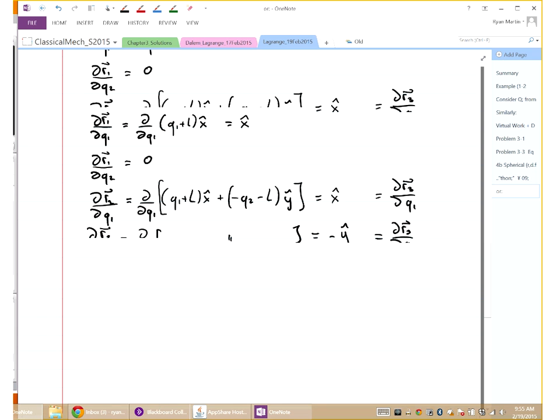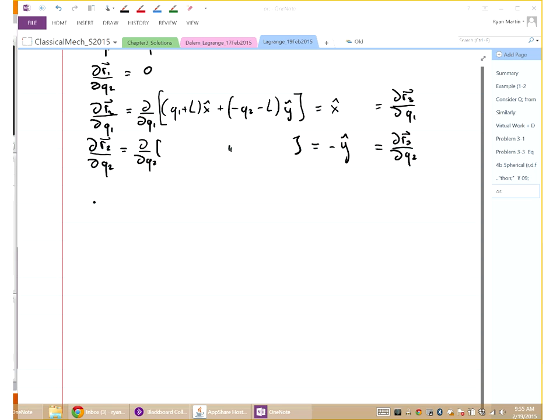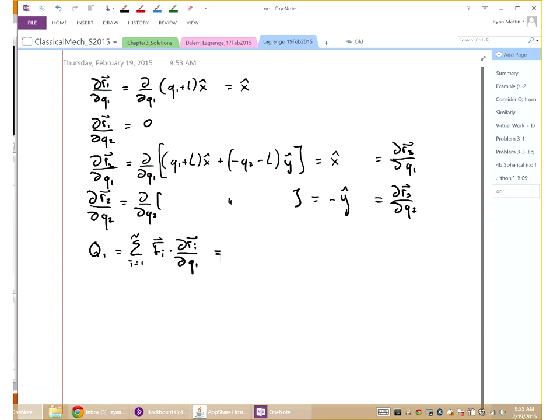So we have now all of our ingredients. So now we can calculate the capital Q's. All right, so we have Q1 is the sum from i equals 1 to capital N of Fi dotted with ∂Ri/∂Q1. So the ∂Ri/∂Q1 are the terms that we just have up here, right?